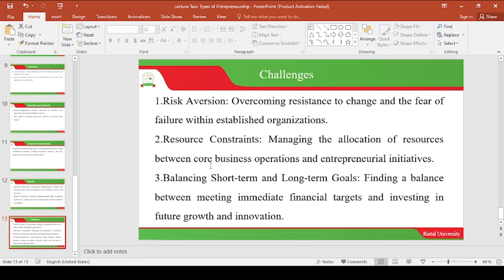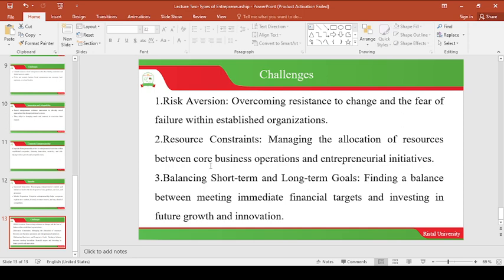The next challenge is balancing short-term and long-term goals. So finding a balance between meeting immediate financial targets and investing in future growth and innovation. That is a challenge because innovation is all about the long term. It is something you cannot achieve today or tomorrow. But the financial targets, because you also need to sustain the organization.